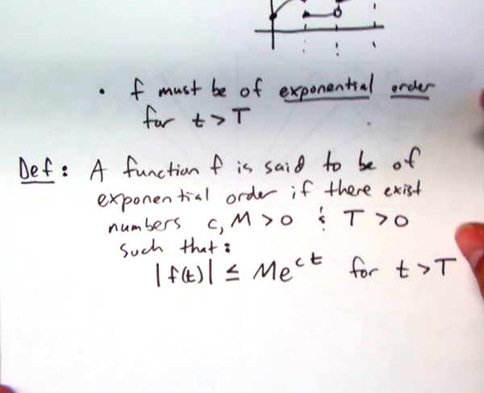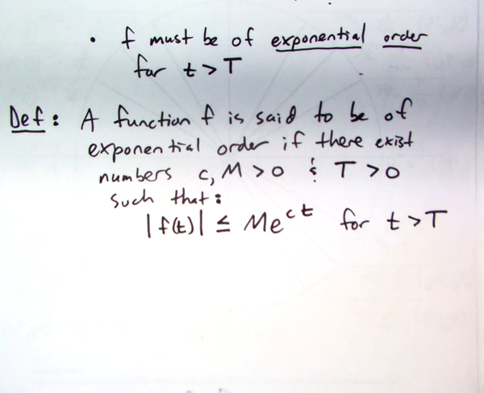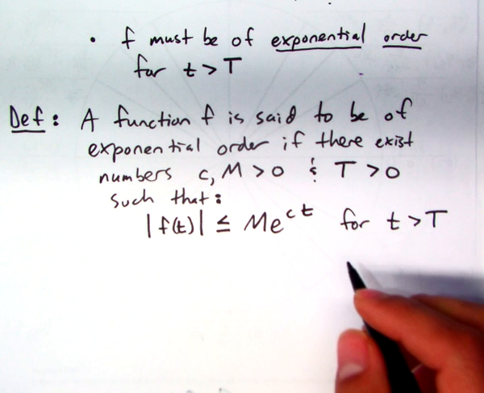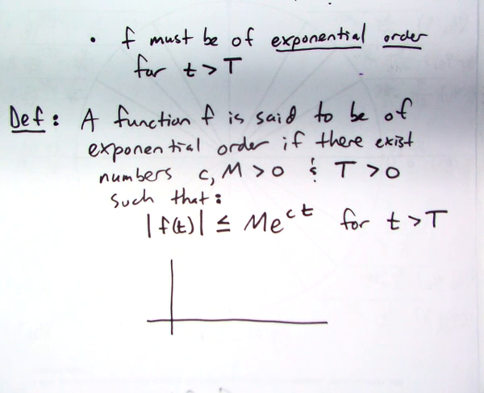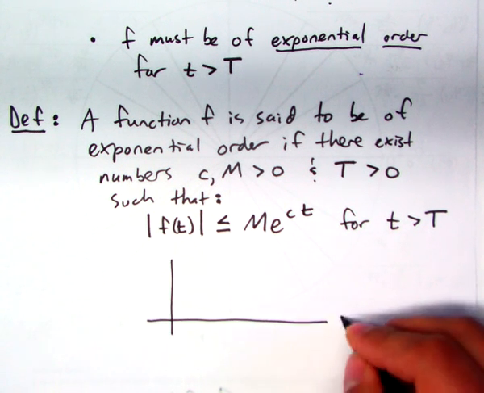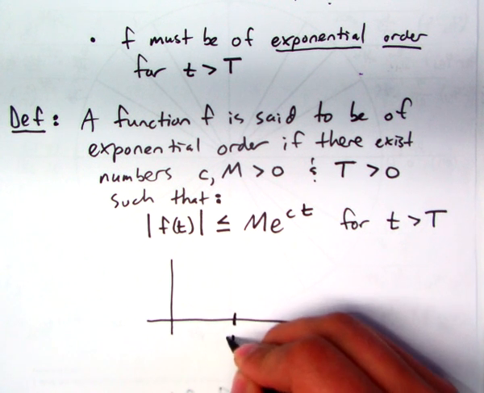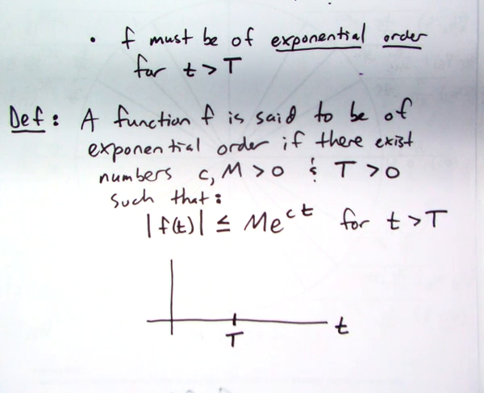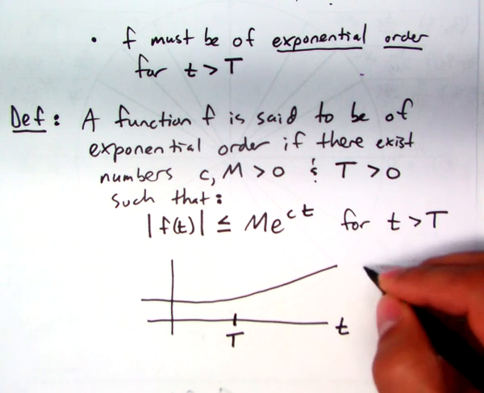Okay, would a picture help with this? Here's your little t axis. Here's our breaking point, capital T. Let's say this is little f of t.